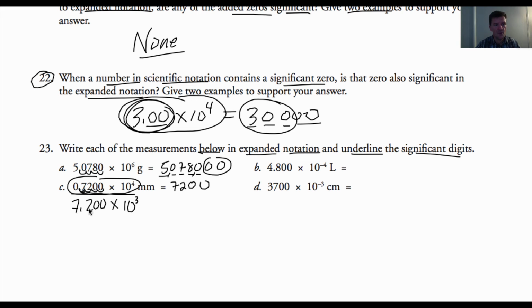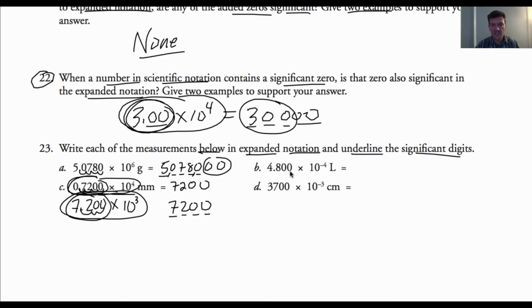Or if I take 7.200 times 10 to the 3rd, multiplying by 10 3 times, I get 7200. Same thing. But this is the correct scientific notation form because this number is between 1 and 10. Up here it is not. So in this case, 7, 2, 0, and 0 are all significant figures.